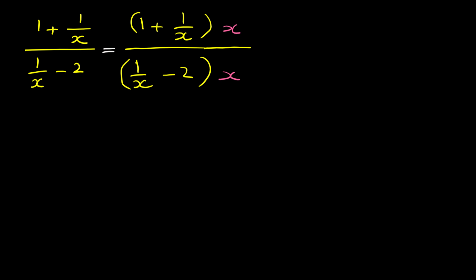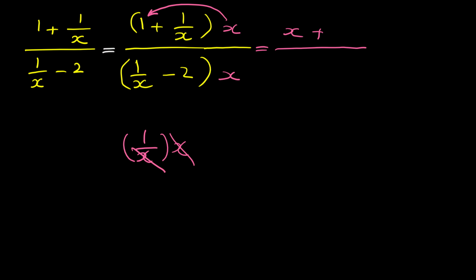Now start multiplying x in the brackets. If we multiply x in the bracket, x times 1 is x. x times 1 over x, x with x cancels, and we only have 1, so plus 1.